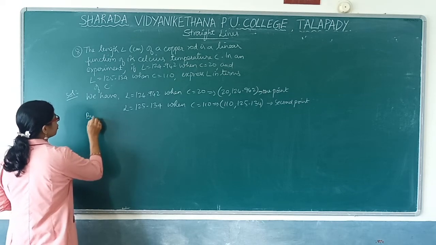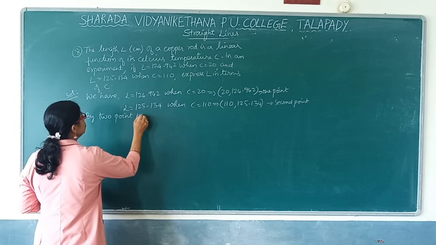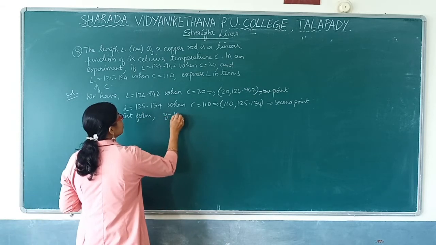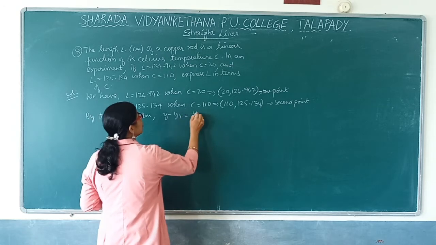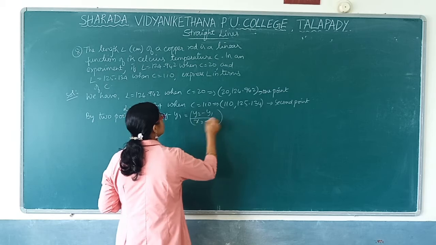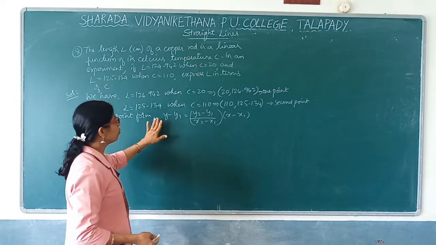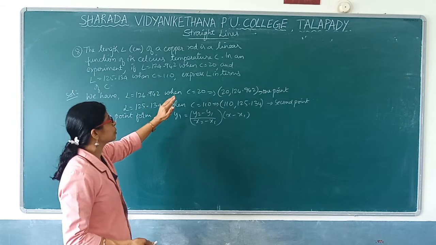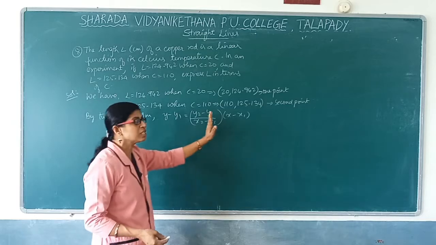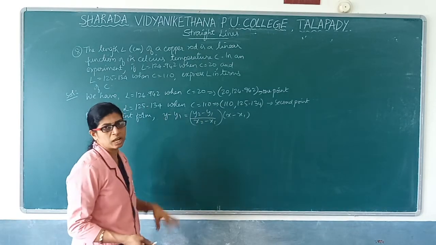So by the 2-point form, the equation of a line is y minus y1 is equal to (y2 minus y1) by (x2 minus x1) into (x minus x1). Here what you have to notice is that L should be expressed in terms of C. We don't want x and y, so just replace them with the variables L and C. What you require has to come on the LHS.